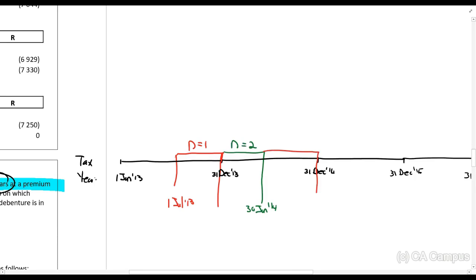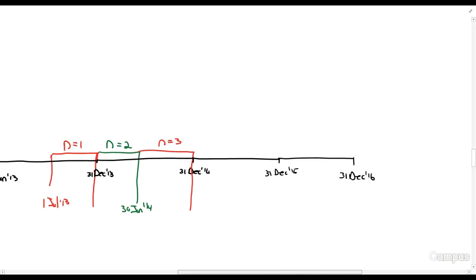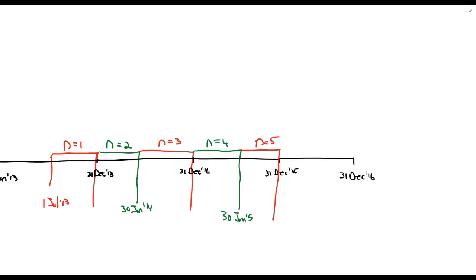Next one runs until the end of the year. N is 3. Right, then from the 31st of December 2014 to 30 June 2015, N is 4. N is 5. Right, so you can see what I'm doing. It's every 6 months we pay. I'm just filling it in.